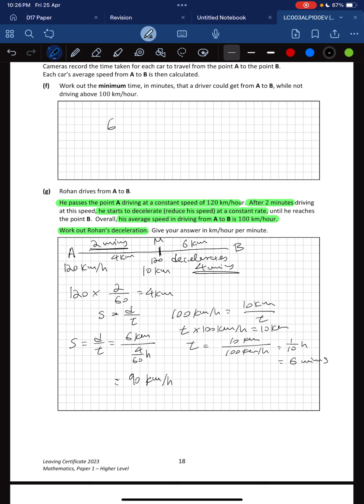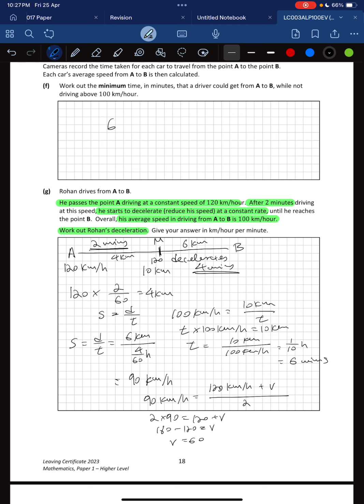We can say that this average speed is equal to the starting speed 120 plus the final speed, which we'll now call v, over 2. And then solving this for v, we have 2 times 90 equals 120 plus v. 180 minus 120 equals v. v equals 60. So now we know the final speed is 60.